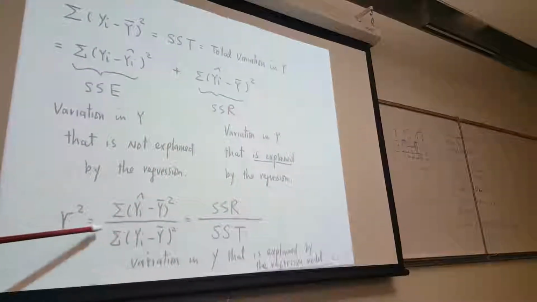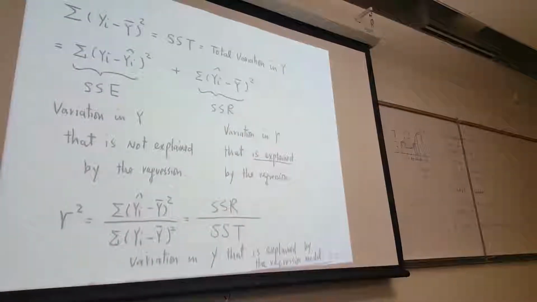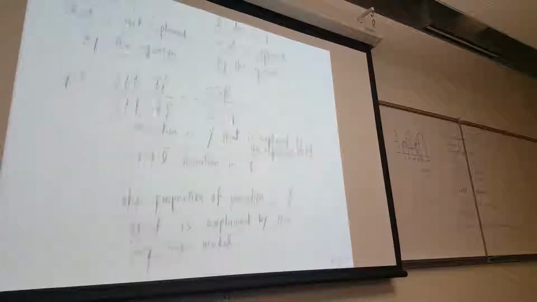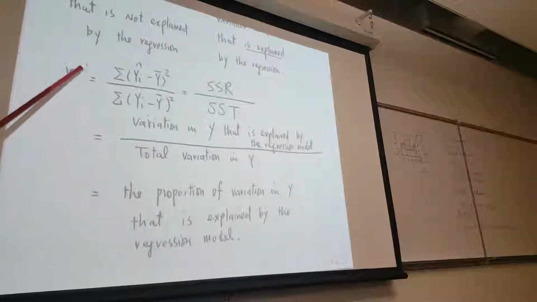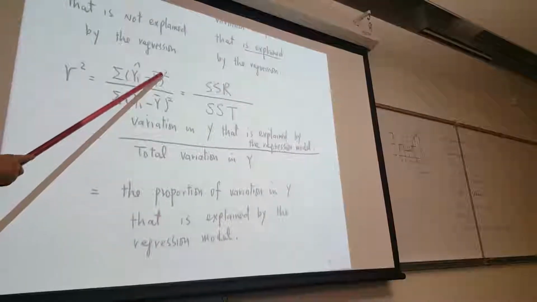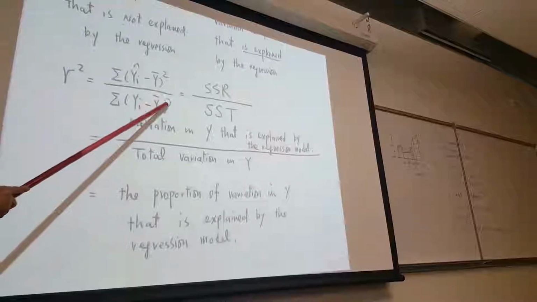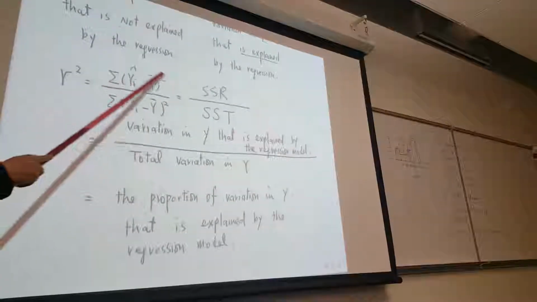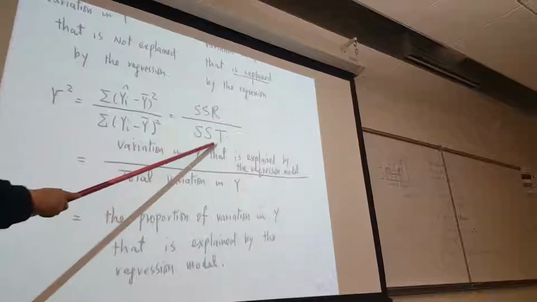Now, by the formula we just mentioned, okay, R squared is equal to summation yi hat minus y bar squared divided by summation yi minus y bar squared. This term is what we call SSR. This term is what we call SST.